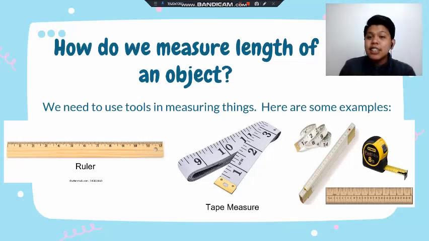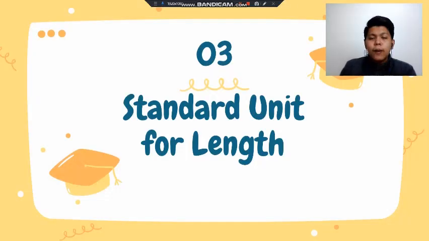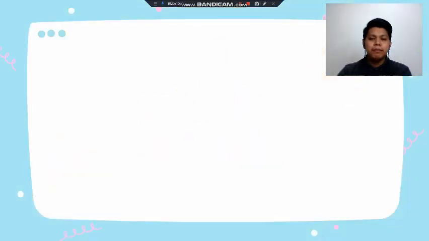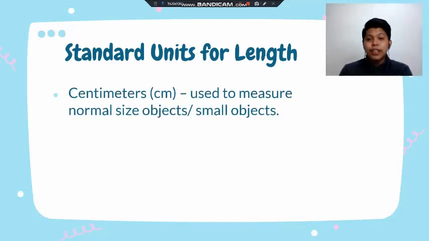Now let's try to know what is the standard unit for length, or what do we use to identify how long or how short is an object? The standard units for length are, first, the centimeter, which we can write as small c and small m.